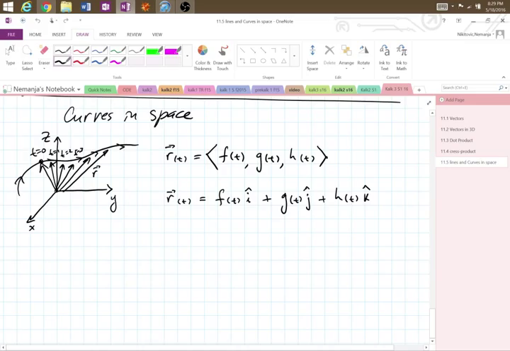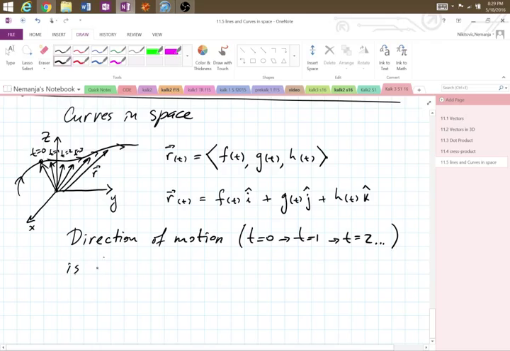So direction of motion is the orientation. Again, it will play a role later on. We're just defining it now.